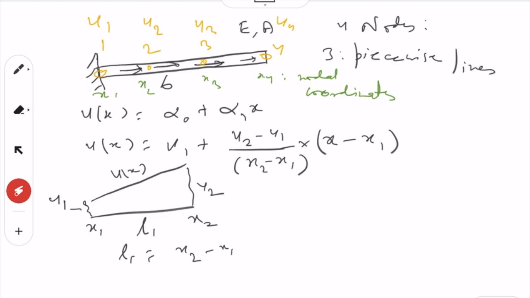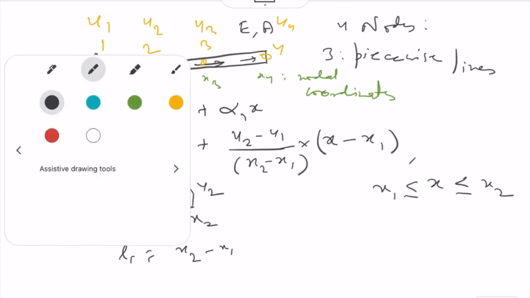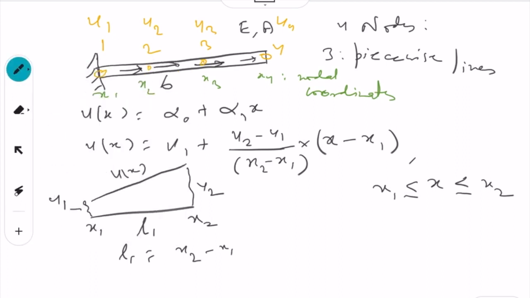Similarly, if you want to construct u(x) for the next element, you will do it in a similar way. The first one is valid for x greater than x1 and less than x2. Similarly, you can write the next one: u(x) equal to u2 plus (u3 minus u2) over (x3 minus x2) multiplied by (x minus x2).